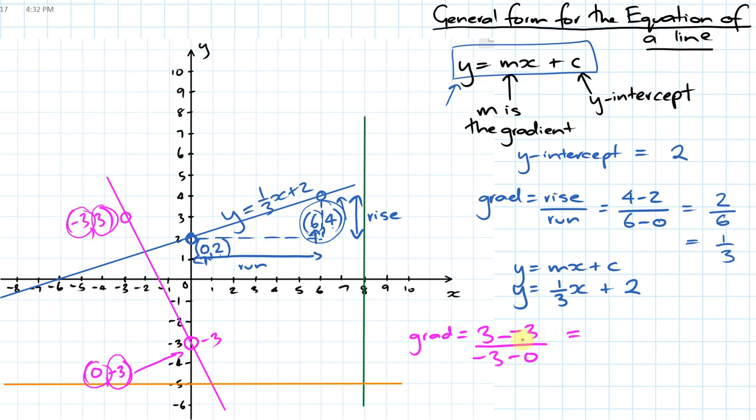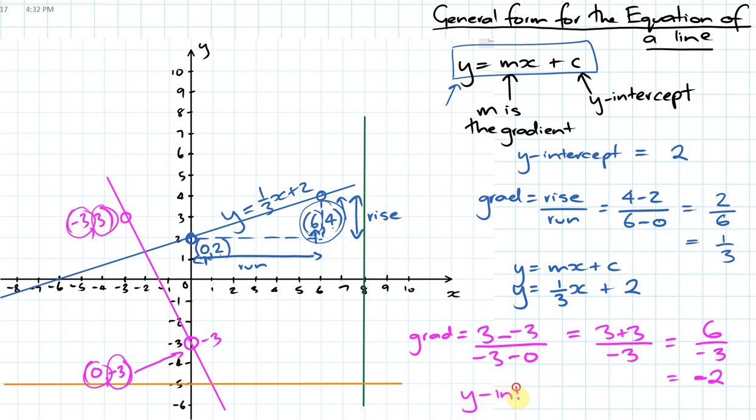So 3 minus negative 3 is the same as 3 plus 3, divided by negative 3 minus 0, which just gives me negative 3. So I get 6 divided by negative 3, which is equal to negative 2. That is correct in that I would have a negative sign there to indicate that the gradient is negative.